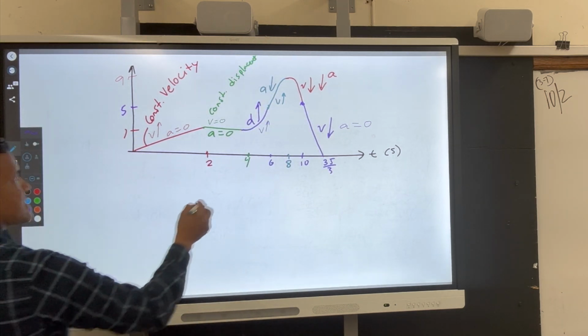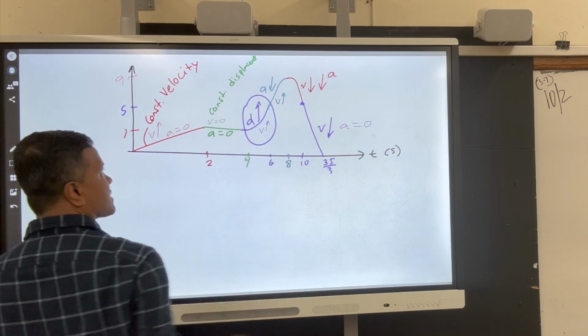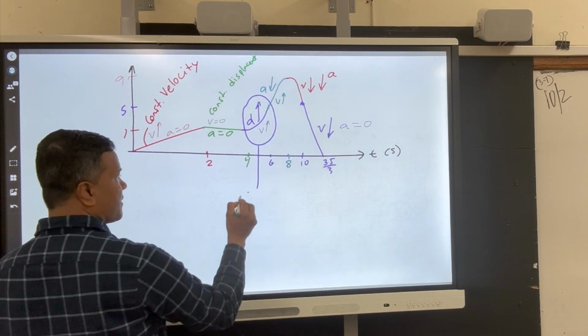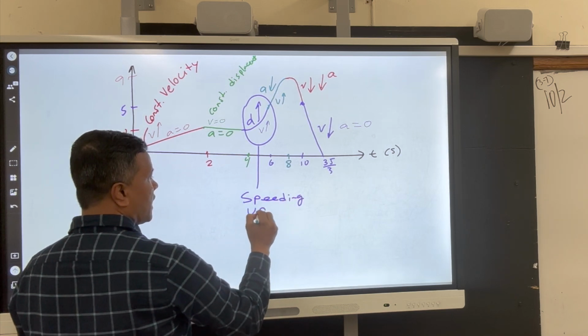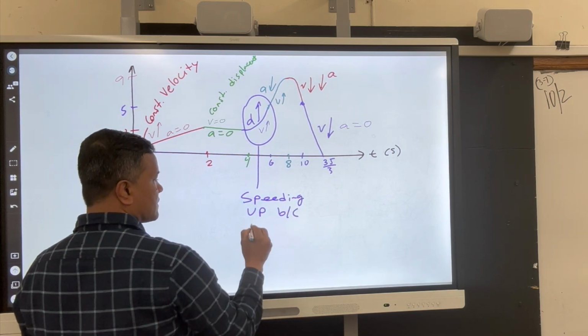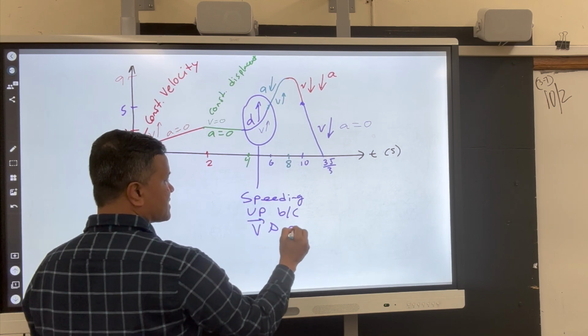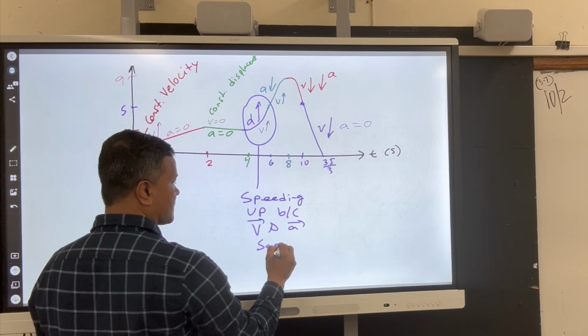When velocity and acceleration are in the same direction, you call it the object is speeding up. Why? Because the velocity and acceleration vectors are in the same direction.